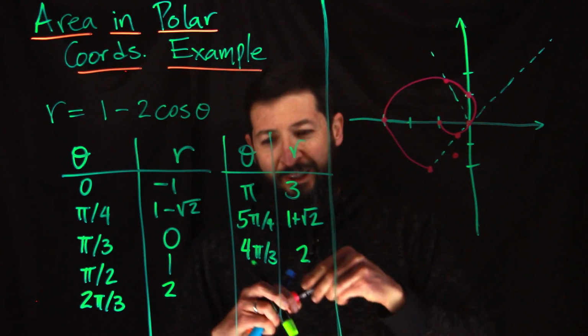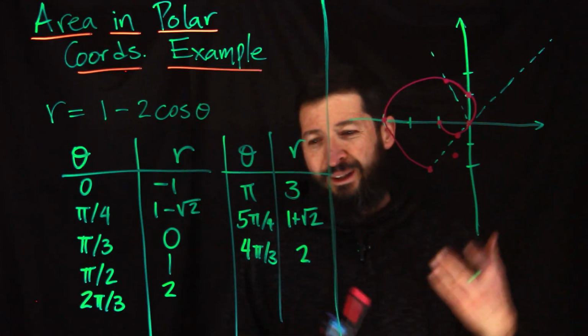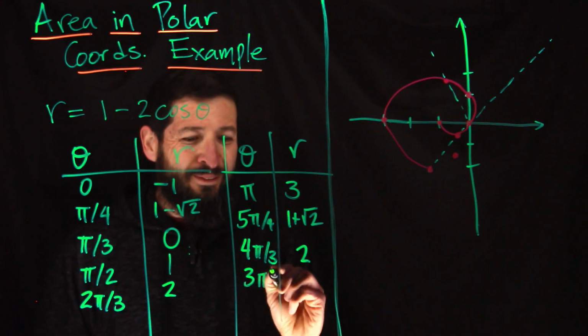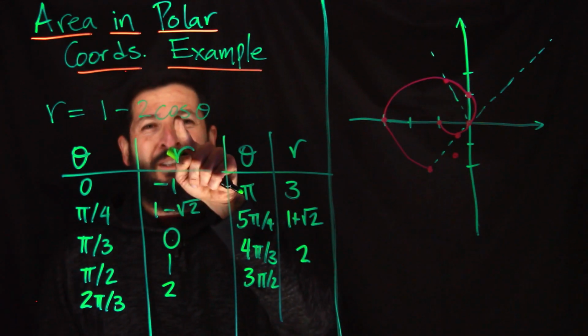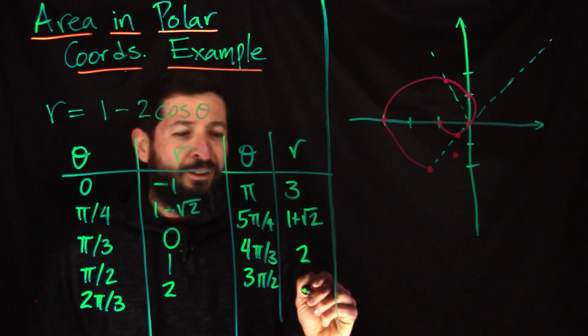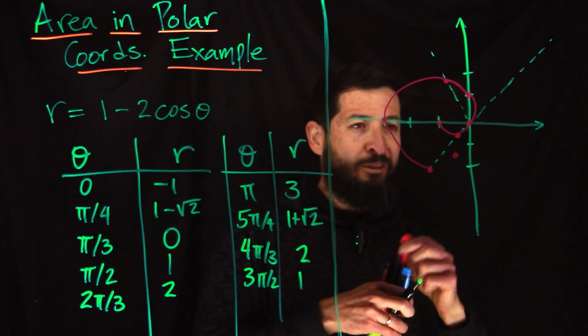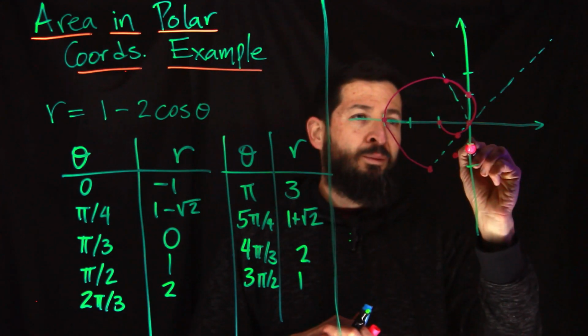So let's plot that one as well. The next one I want is the next multiple of pi over 3, but to get to that, I have to do 3 pi over 2. Cosine of 3 pi over 2 is 0, so 1 minus 0 is 1. So I'm going to have that next point here at 1.